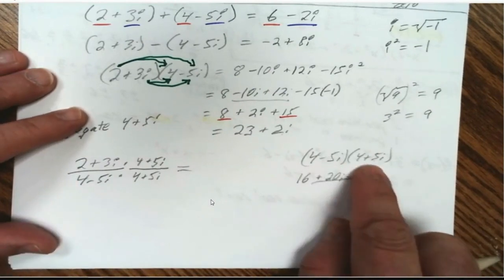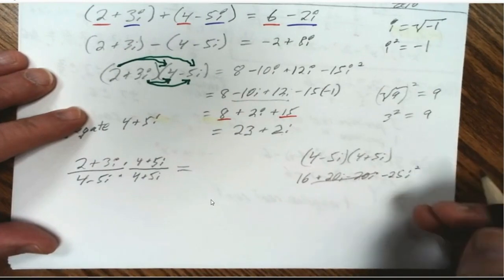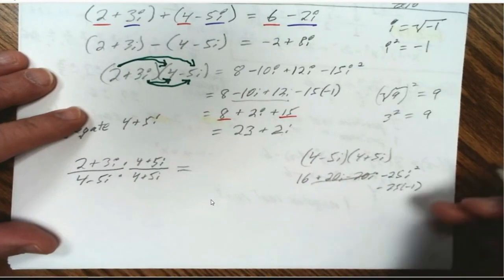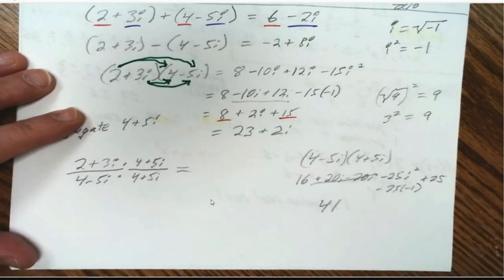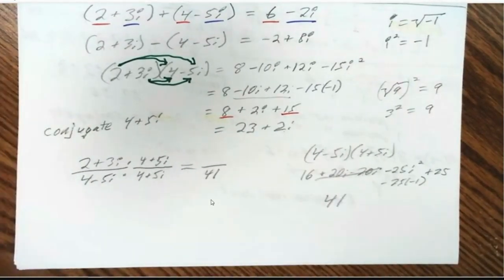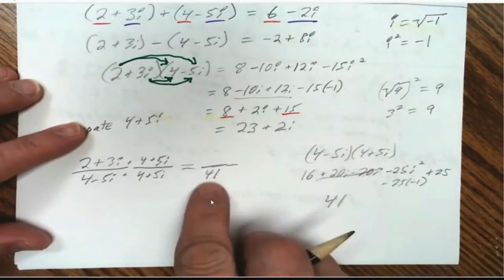Negative 5i times positive 5i is minus 25i squared, or negative 25 times negative 1, which is plus 25. So the bottom becomes 41. We've just changed the denominator to a real number.